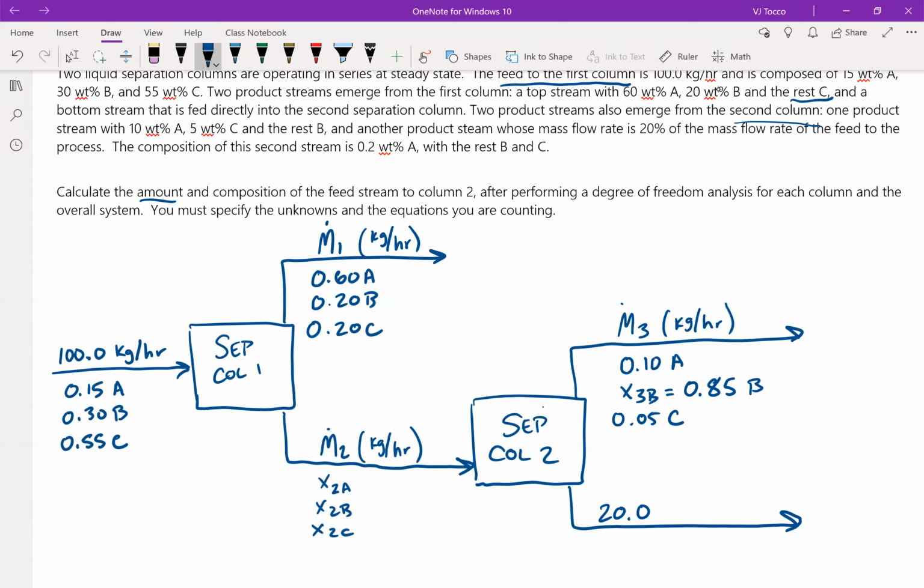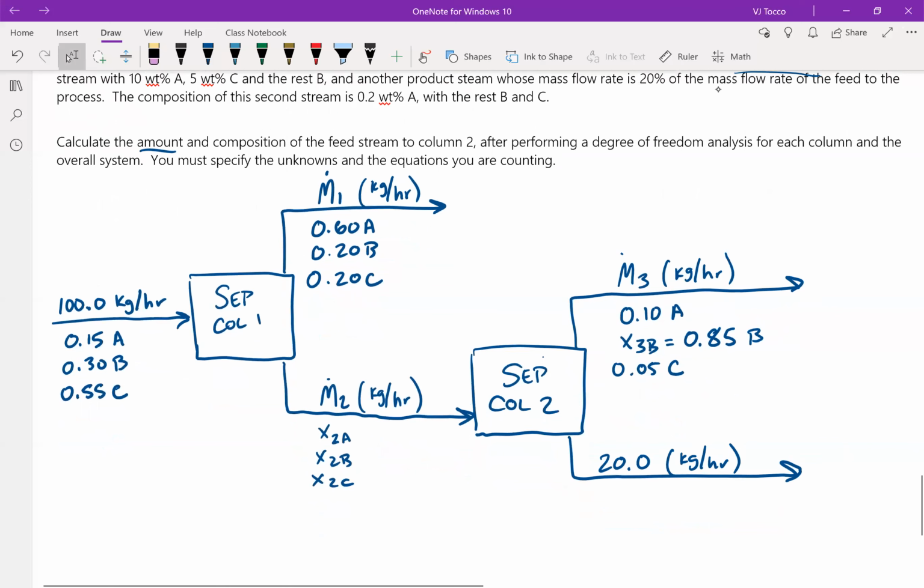And if I want to be consistent about my sig figs, 20.0 kilograms per hour. And the composition of the second stream is 0.2 weight%, which means 0.002 A, and the rest B and the rest C. So I can't do mental math here. I have to keep it as X, I guess this stream would be 4, X4B and X4C.